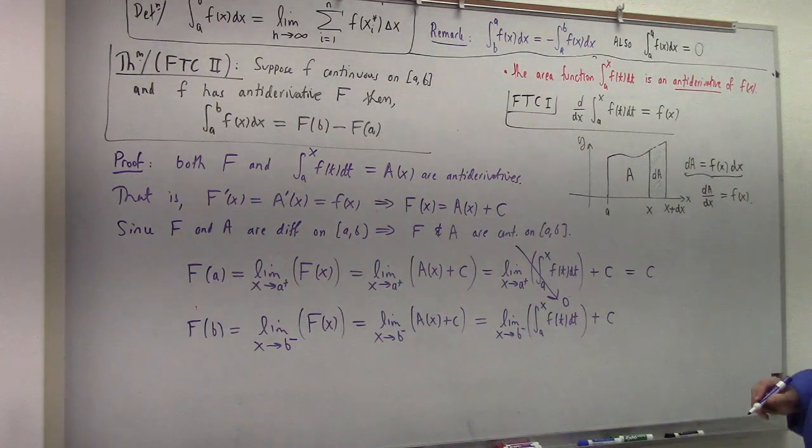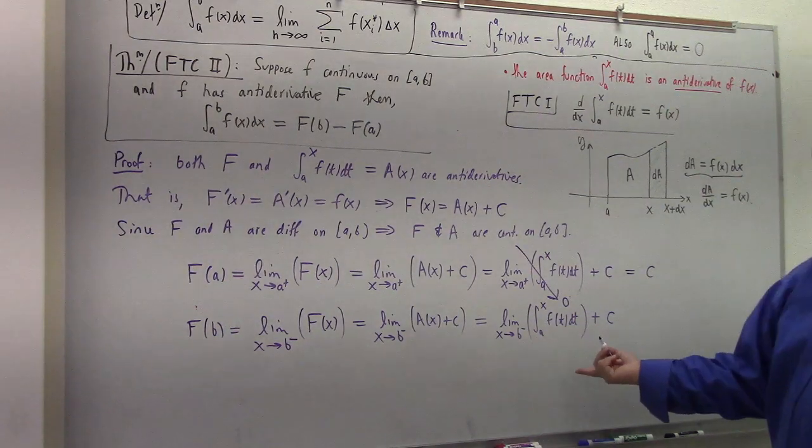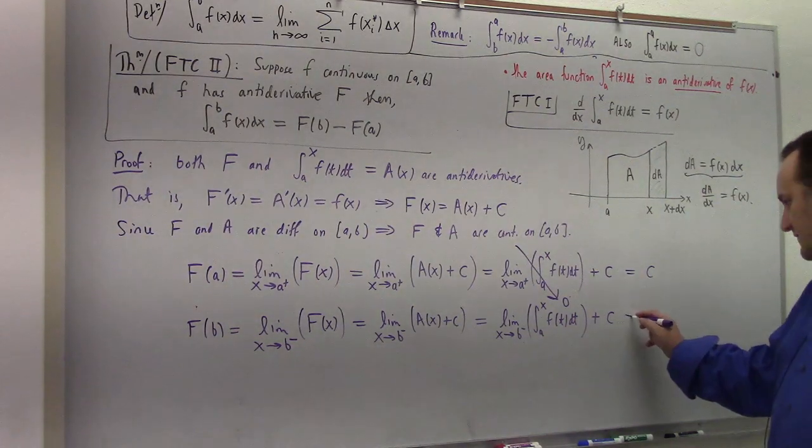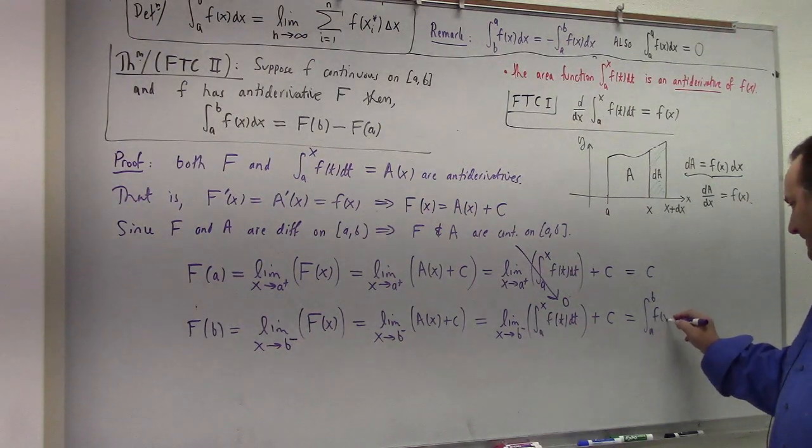Well, what is this? In the limit as x goes to b from the left, that just gives us the integral from a to b.